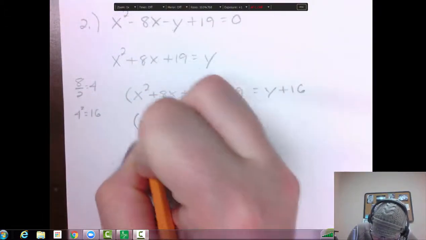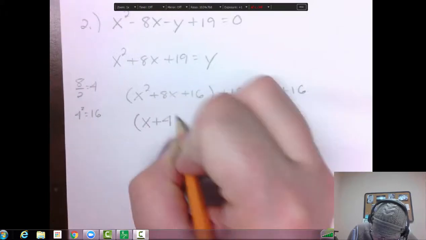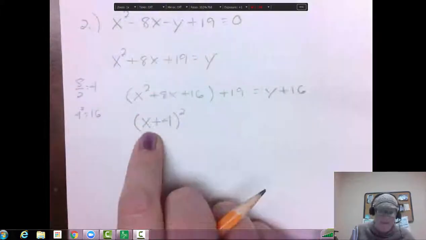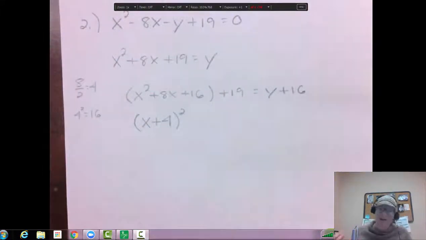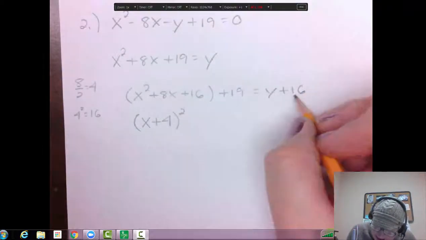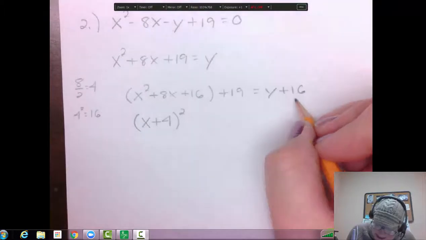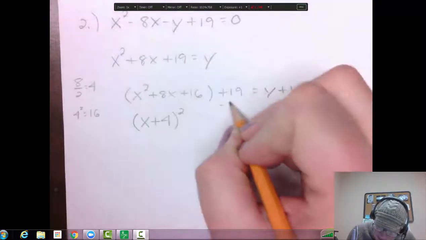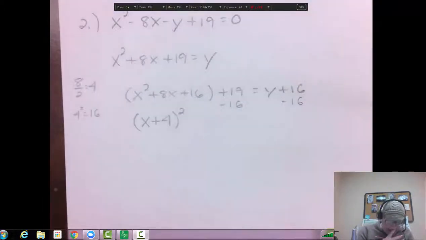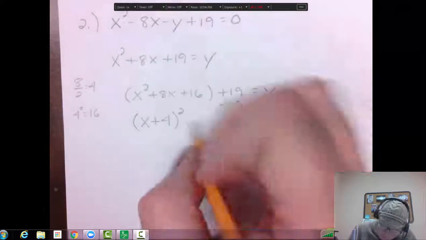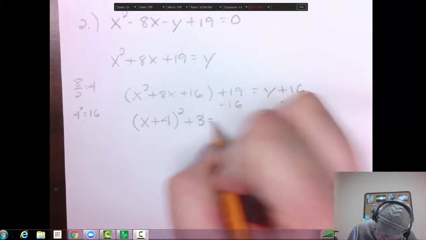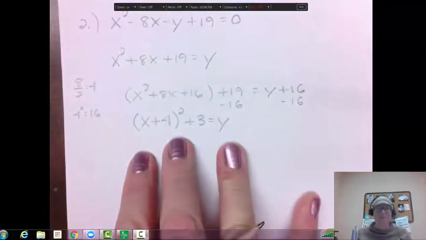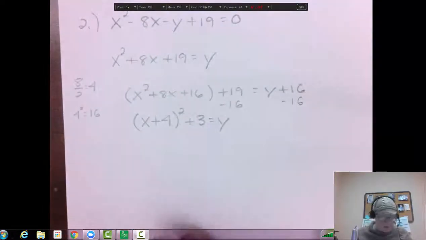We can make this x plus 4 squared. Here, that factors into x plus 4 squared, plus 19, but I need it to equal y, so I'm going to subtract the 16 over here so that I have a positive 3 equals y. This is vertex form. What is the vertex?